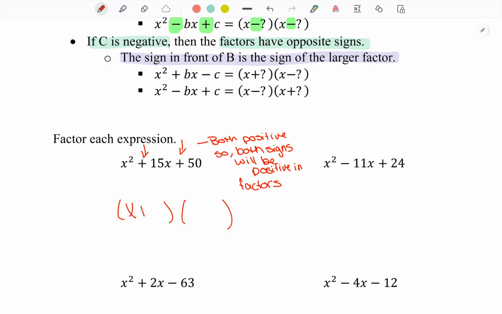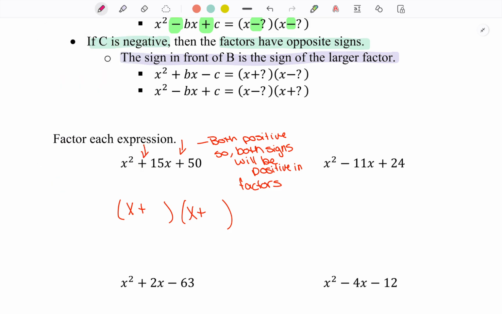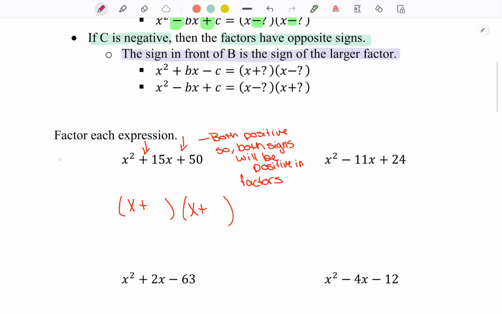So we will have x plus something and x plus something else. So then we need to figure out two numbers that multiply to be 50 and add up to be 15.